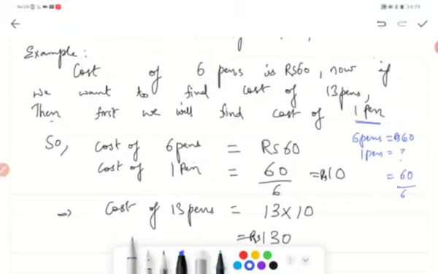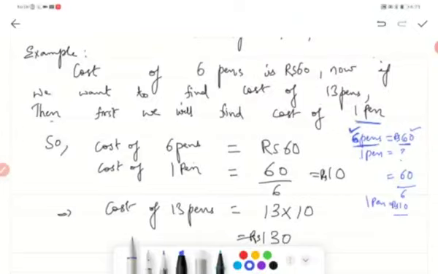Whenever you have 6 pens, when you are reducing 6 pens to 1 pen, you divide the cost given. The cost of 6 pens we know, so we are dividing it by 6. So I've got the cost of 1 pen as 10 rupees. Now I can easily find the cost of as many pens as you want.